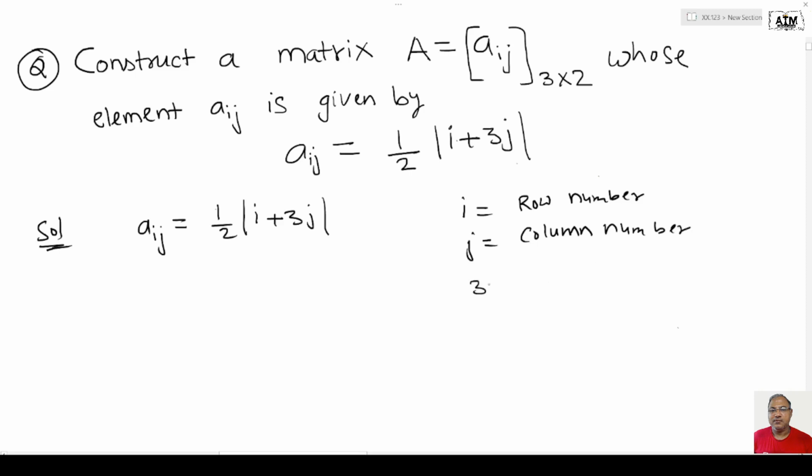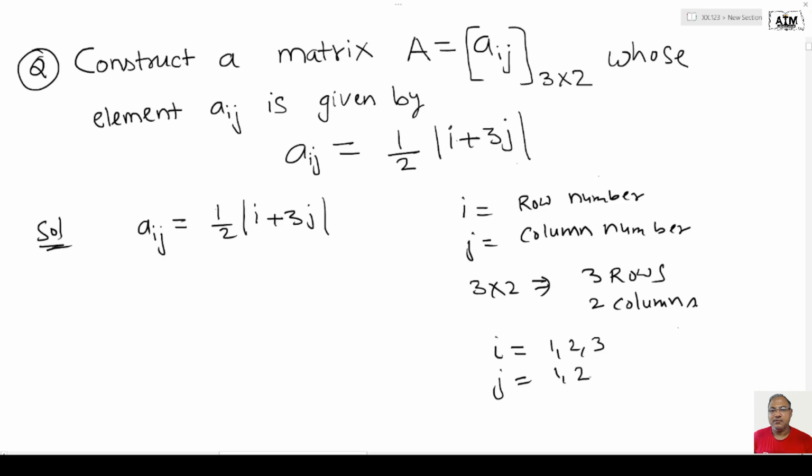It is 3 by 2, which implies there are 3 rows and 2 columns, so we need to construct a 3 rows, 2 columns matrix. So i equals 1, 2 and 3, and there are 2 columns, therefore j equals 1 and 2.